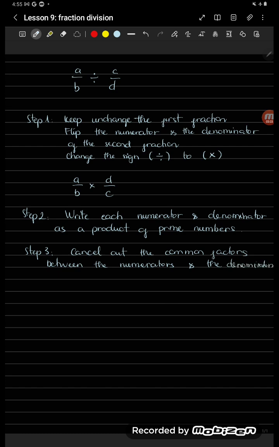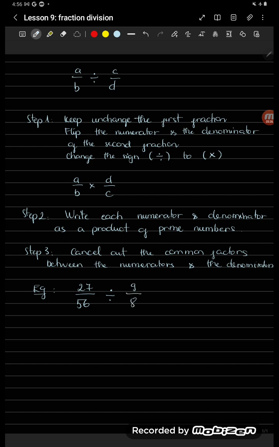Okay, so we can have an example. For example, if we have 27 over, let me see, 56, then we divide by 9 over 8.